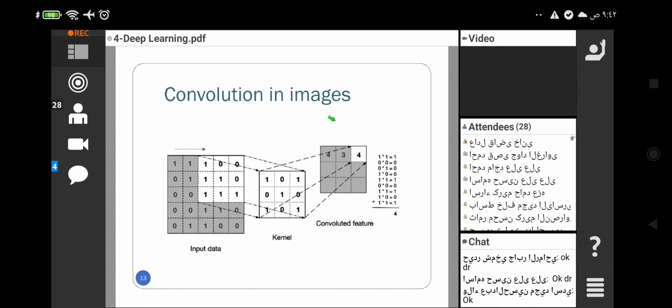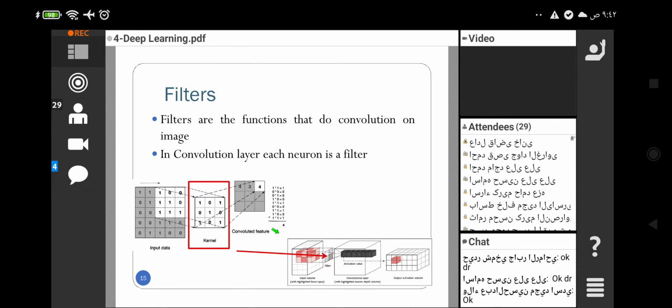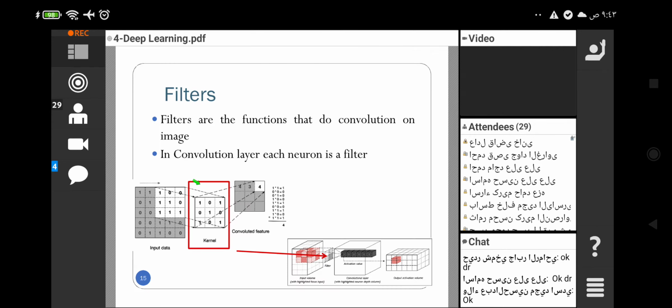We have some of these kernels. As I said in the previous session, in the convolution layer we have some neurons like the MLP, the multi-layer perceptron. In the convolution layer we have some neurons, and each neuron is a kernel, a filter. Each of the neurons is a kernel.